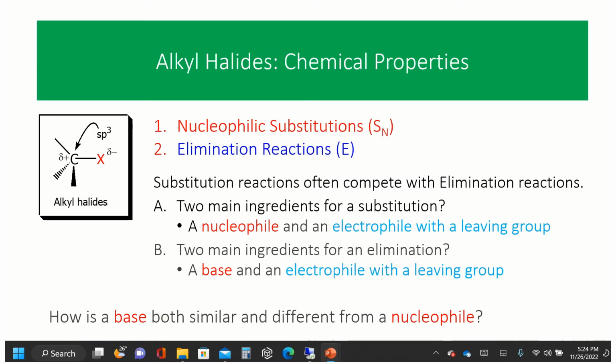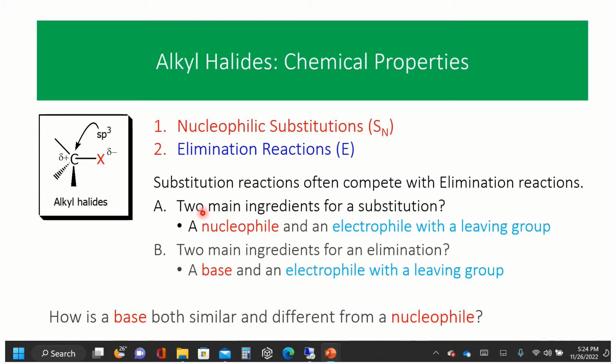So now to move on to the chemical properties. The main thrust here is substitution or elimination. Substitution occurs readily and it competes with elimination reactions.